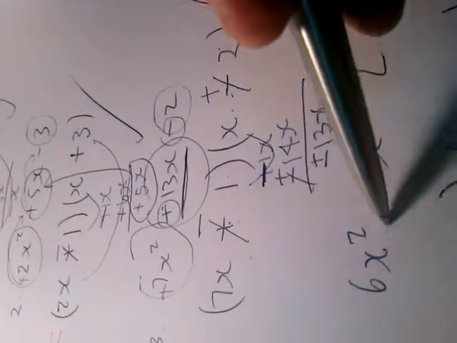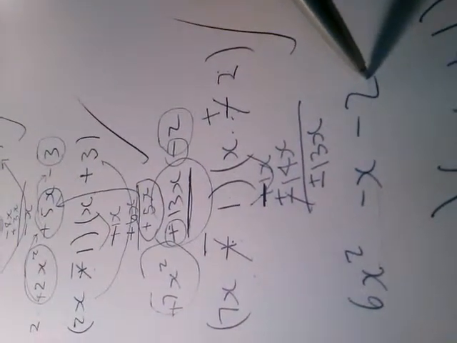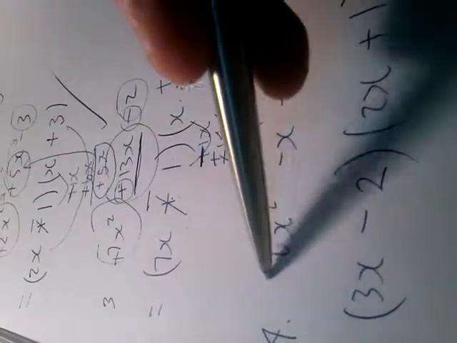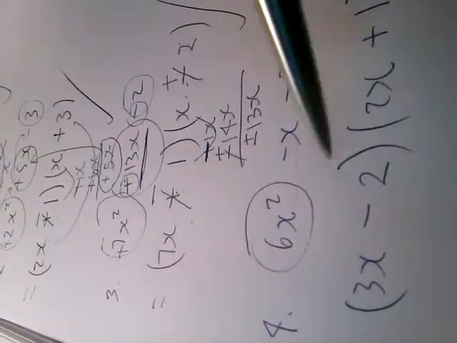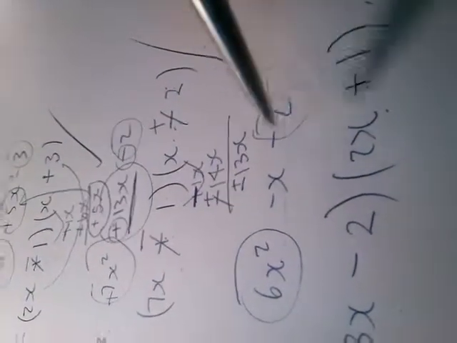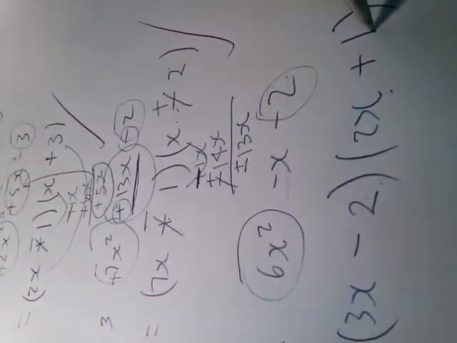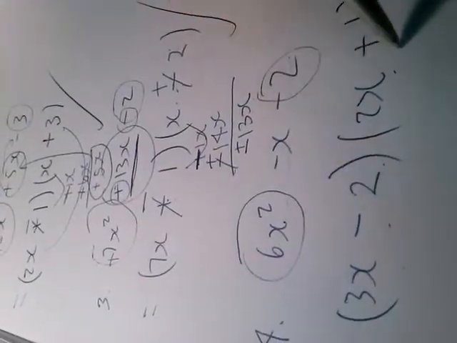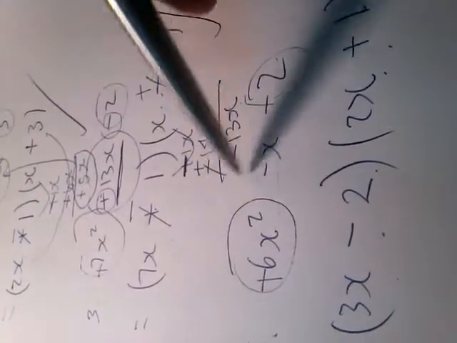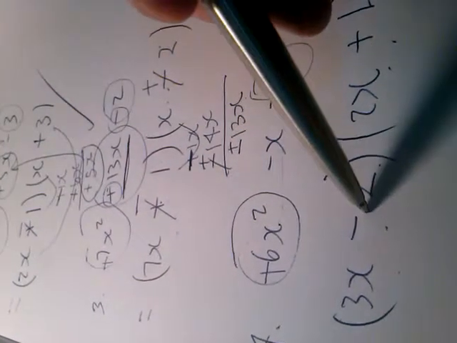Now, this other one is another trinomial, so I open two brackets, I factorize 6x squared, which is 3x times 2x, and I factorize 2, which is 2 times 1. The middle signs, the invisible plus times this minus, gives me a minus.